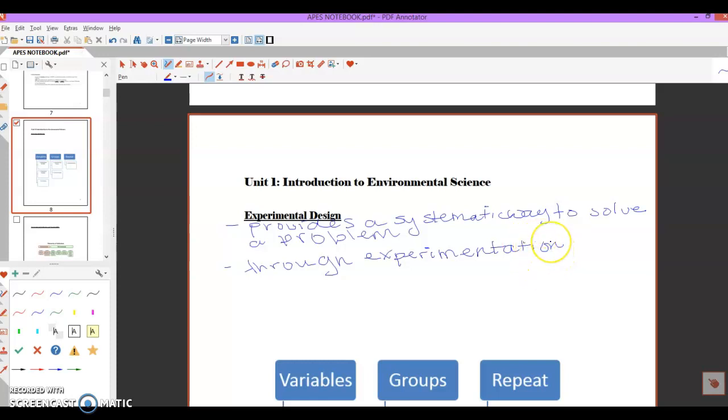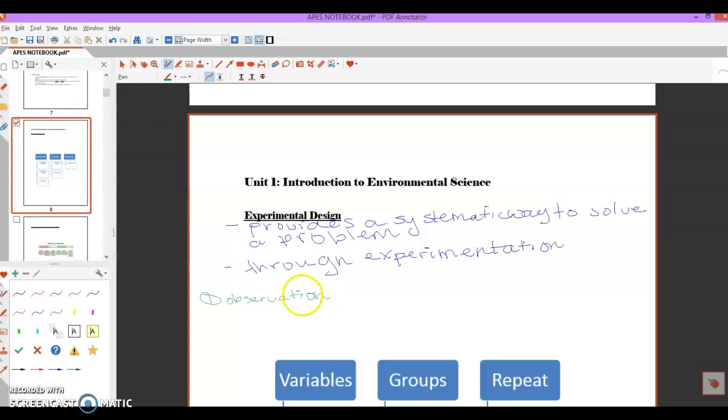There are 5 specific steps to the scientific method. We're going to write out those steps. I'm going to pick a different color. Let's go with green this time. Our first step is always observation.